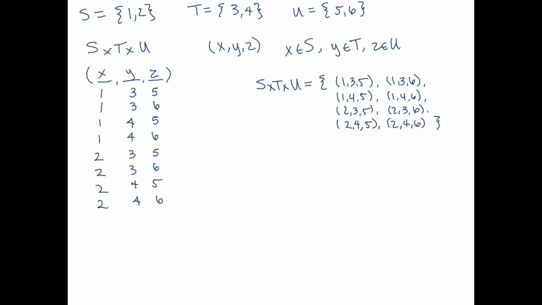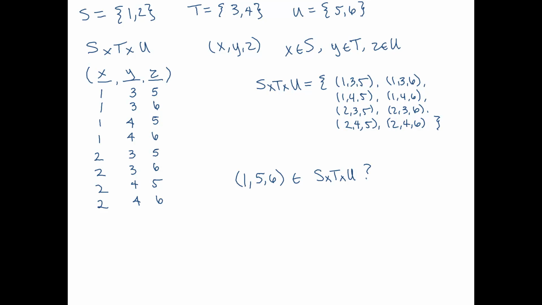We might ask the question, now that we have all of the elements of the set: is the triple 1, 5, 6 an element of the Cartesian product of S, T, U?